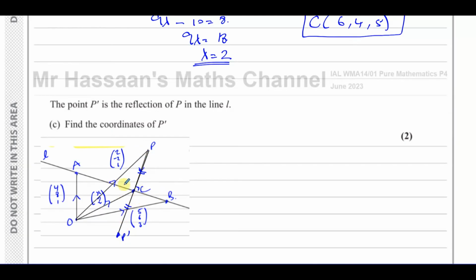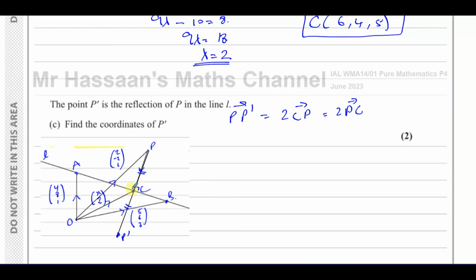So PC is at 90 degrees to the mirror line. So from P to P dash is basically 2 times from P to C. It's twice that vector there. 2 times P to C, right?